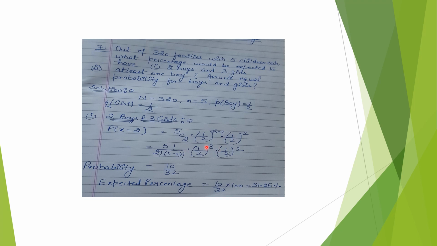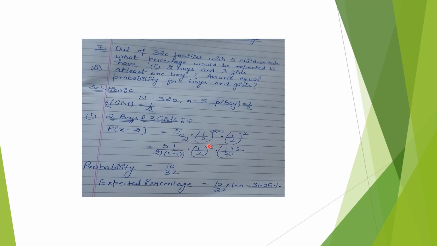So now substituting the values into this formula, nCx, in place of n we will write the value 5, and in place of x we will write the value 2. So it will become 5C2, or 5 combination 2, into q, and its power is n minus x.